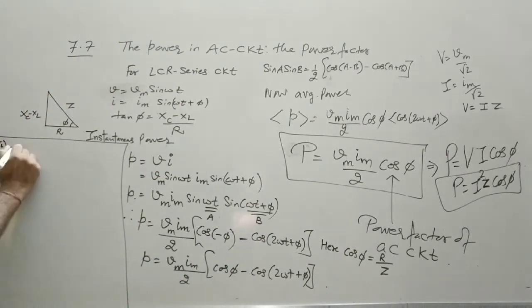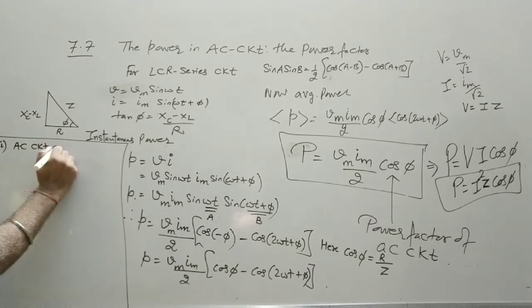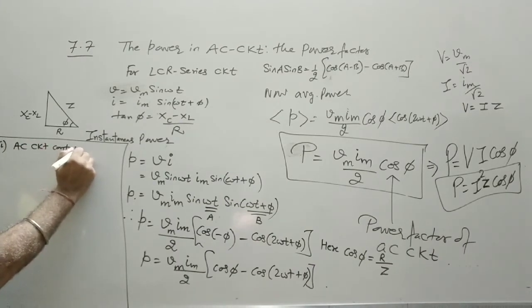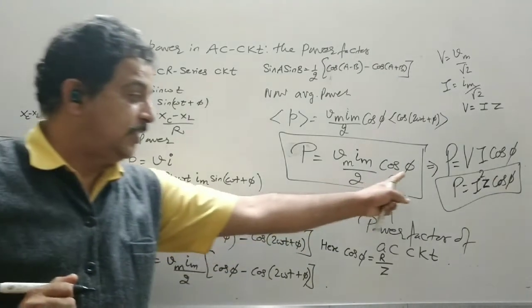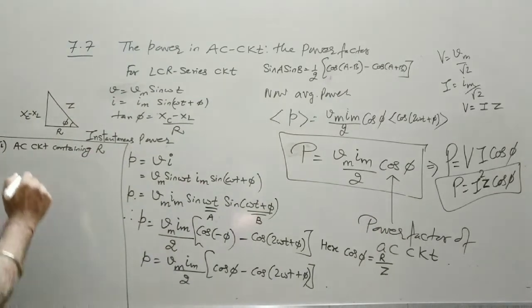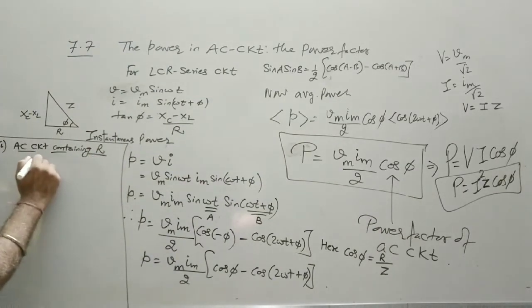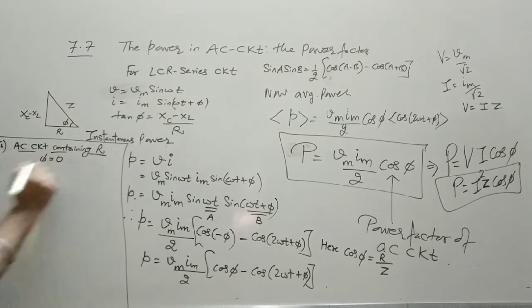So case 1, AC circuit containing R only. If we have R, we know the phase difference. For an AC circuit containing R, phi was equal to 0.